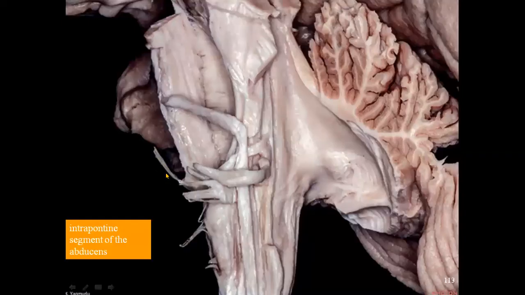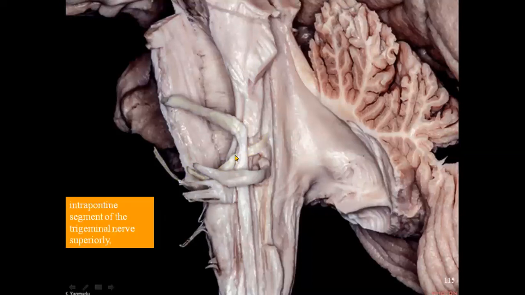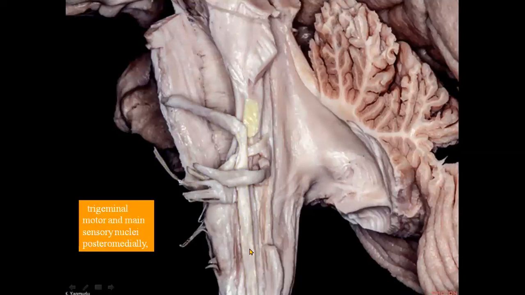Here, this is the abducens nerve, here the facial nerve inferiorly, and here is the intrapontine segment of the trigeminal nerve on the superior side, and this is the trigeminal spinal tract.